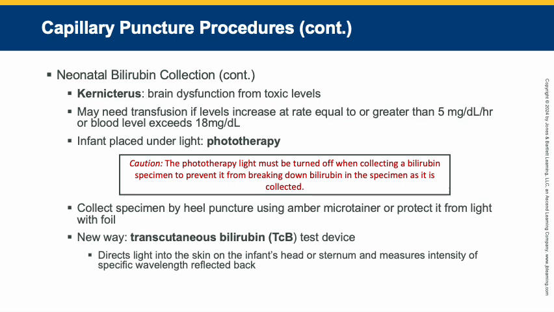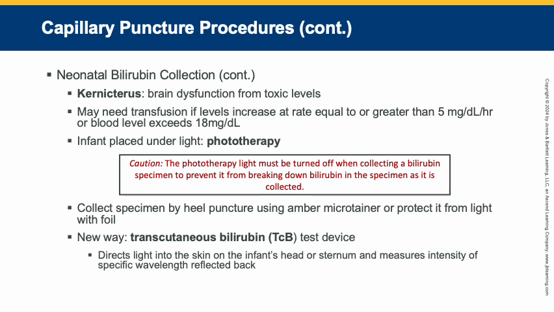The phototherapy light must be turned off when you are collecting a bilirubin specimen to prevent it from breaking down bilirubin in the specimen as you are collecting it. Bilirubin specimens are normally collected by heel puncture. Proper collection procedure is crucial to the accuracy of the results.